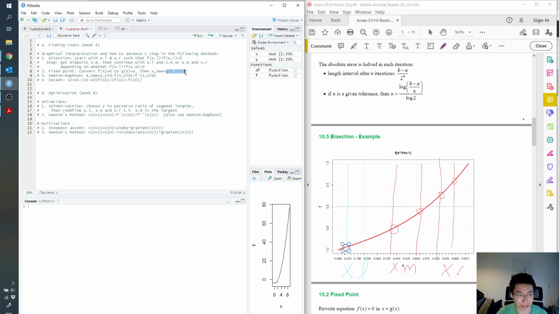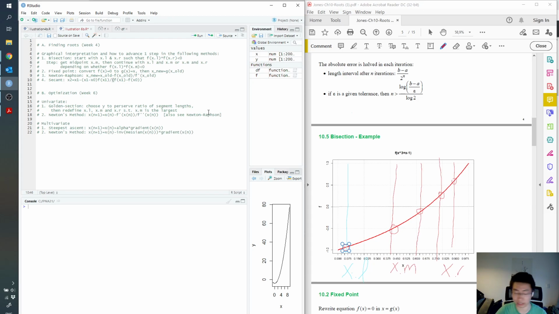Well, I simply evaluate my old point in g, and whatever comes out of there is going to be a new point. And then I'm going to evaluate g at this point, and whatever comes out of there is going to be my new point, and I keep going until my x no longer changes, basically, or until some kind of maximum number of steps is reached.